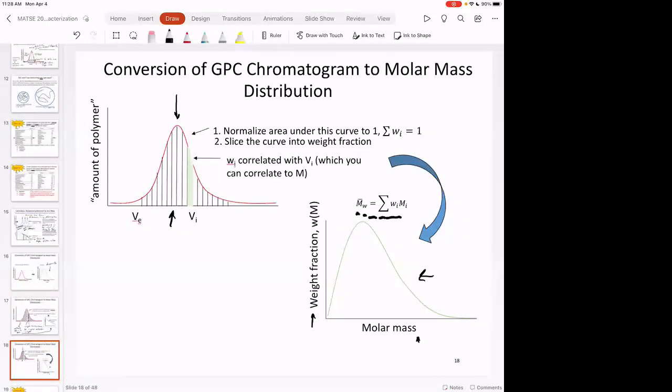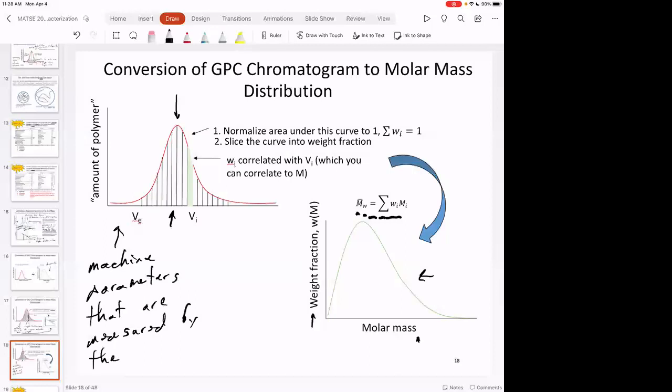But this is just illustrating the point where you can go from experimental or machine parameters that are measured by the instrument to our molar mass distribution.